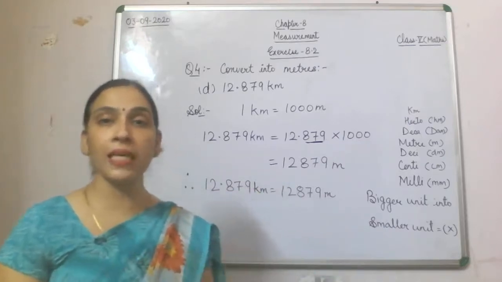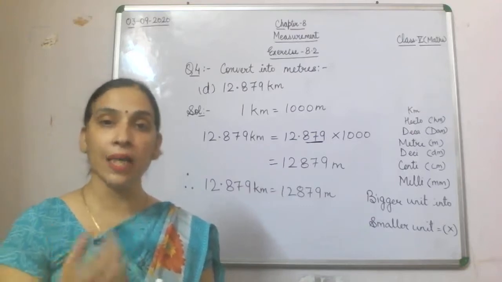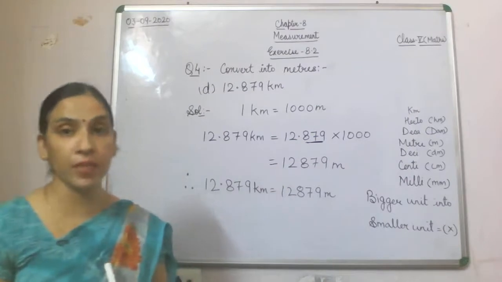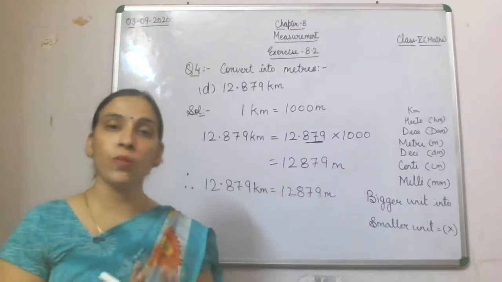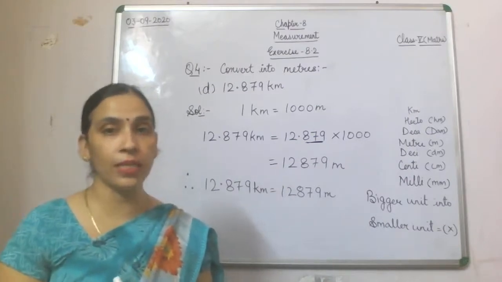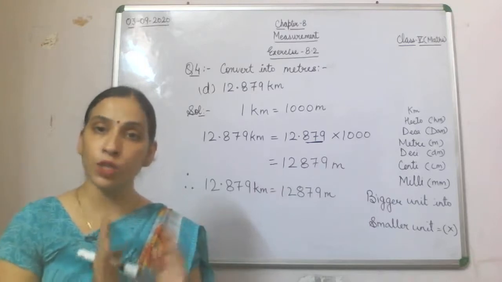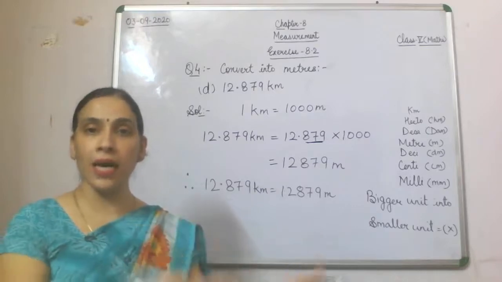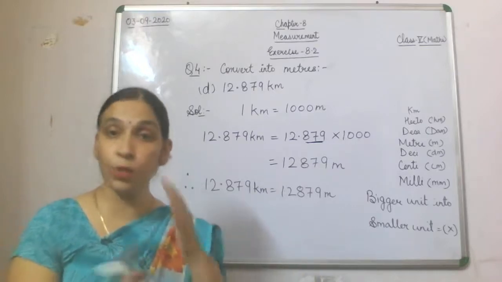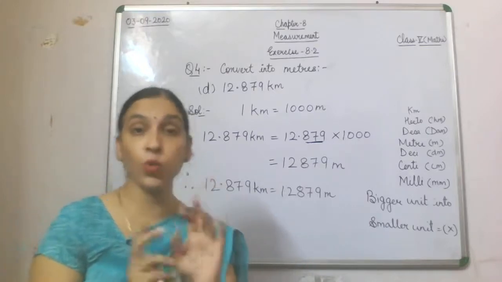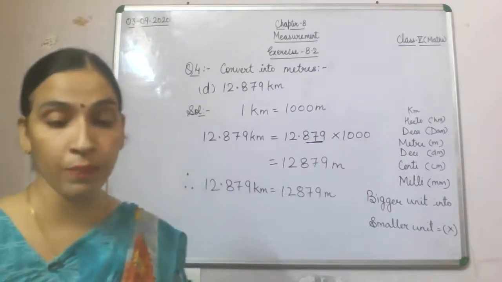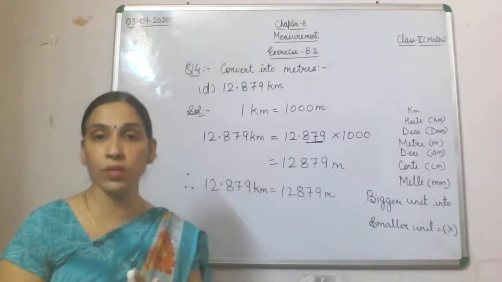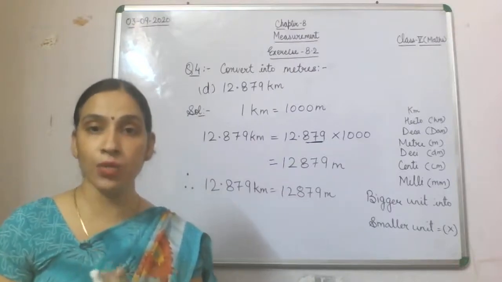That is again a kind of conversion, and that we are going to see. Related to that we have done example 3. So tomorrow we are going to start with this concept, bigger into smaller unit, and 2 units you are supposed to change it into. So I hope that question 3 and 4, which we have done today, are clear to you all.